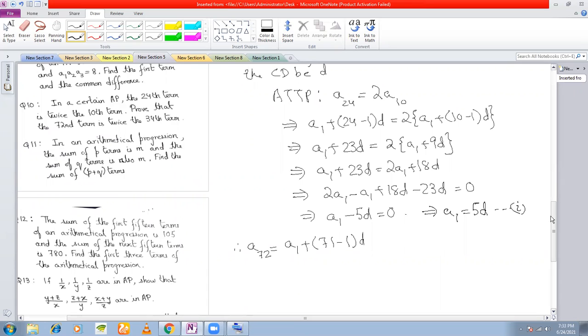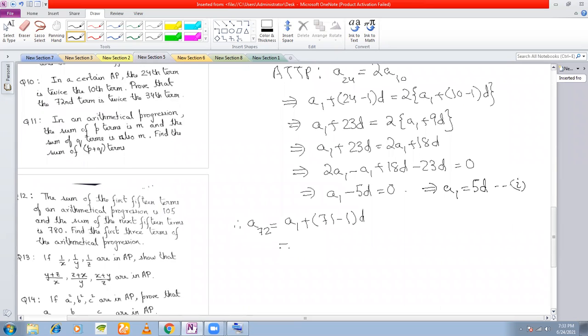Now let us call this 1 because we'll use this here. So we get what? A1 plus 70D. Right? Now A1 in terms of D is how much? A1 is 5D plus 75D. So sorry, this is 70D, not 75.